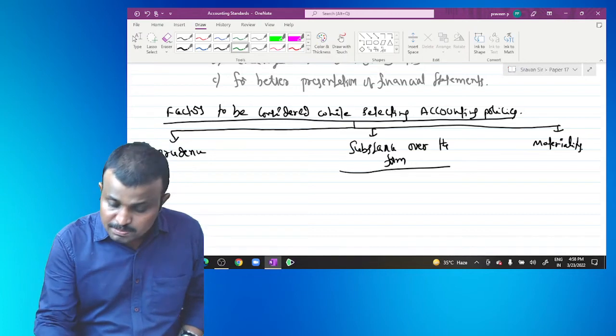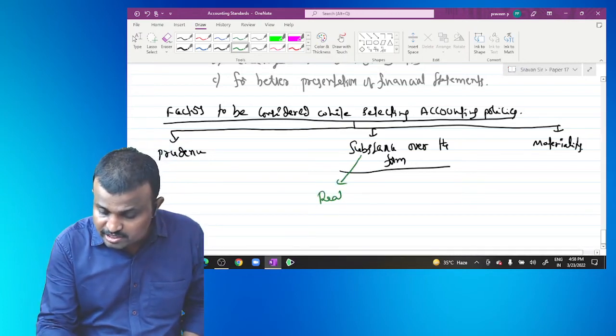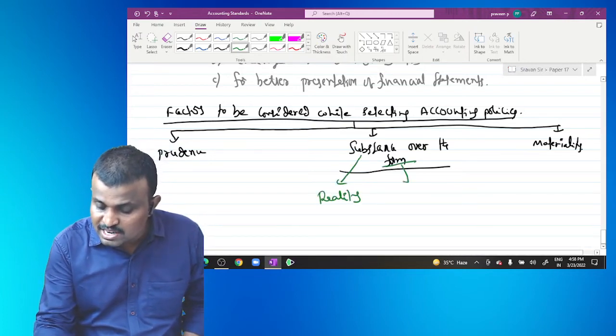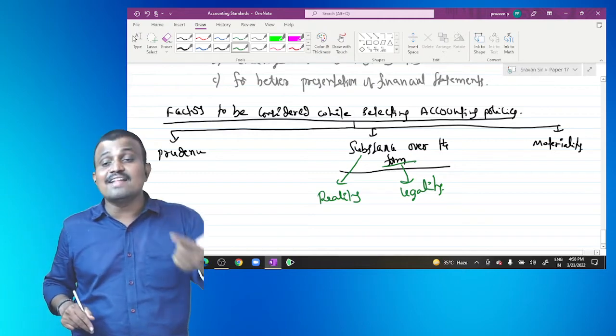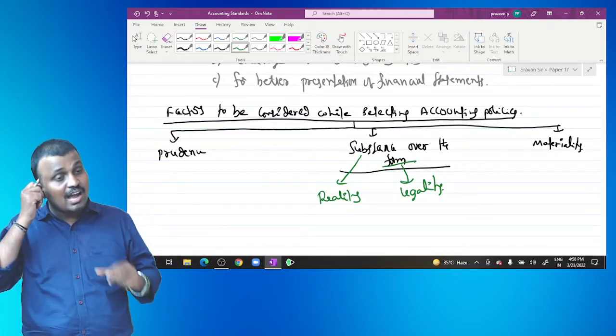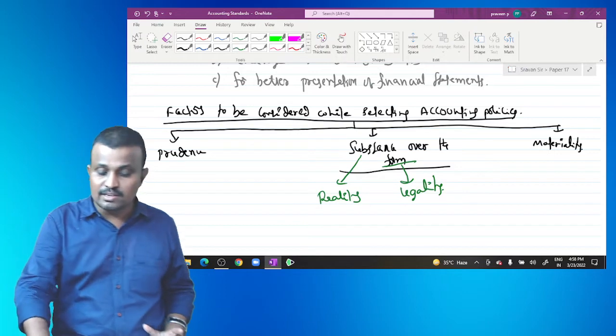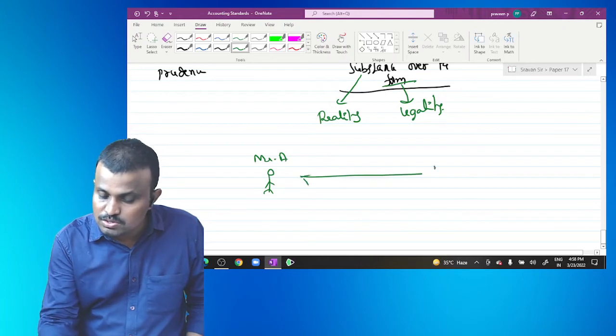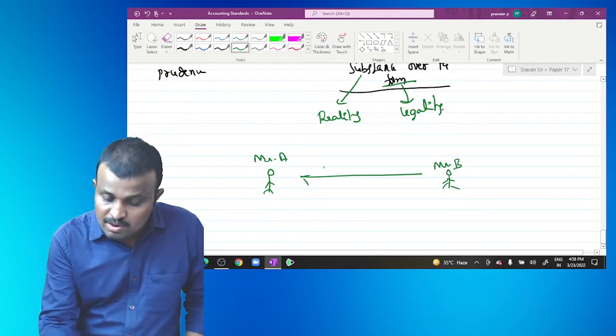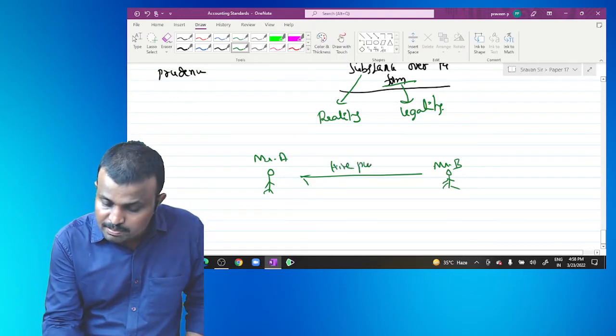Here, substance stands for reality and form stands for legality. So reality has more priority than legality. For example, Mr. A purchased goods from Mr. B on a hire purchase basis.